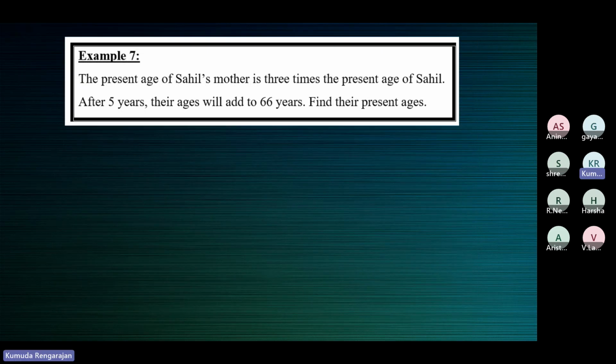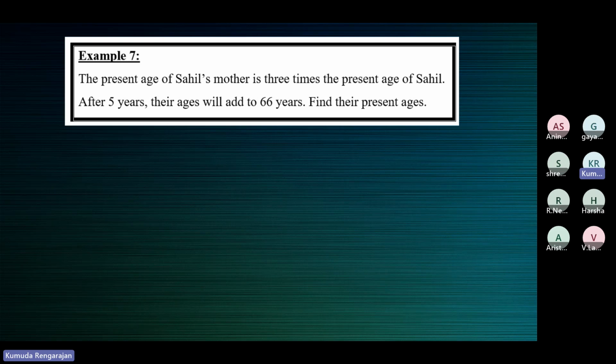The present age of Sahil's mother is 3 times the present age of Sahil. After 5 years, their ages will add to 66 years. Find their present ages. So in this question, we have 2 characters, Sahil and Sahil's mother.